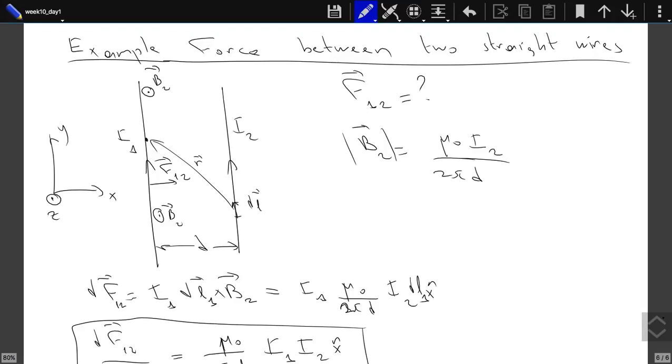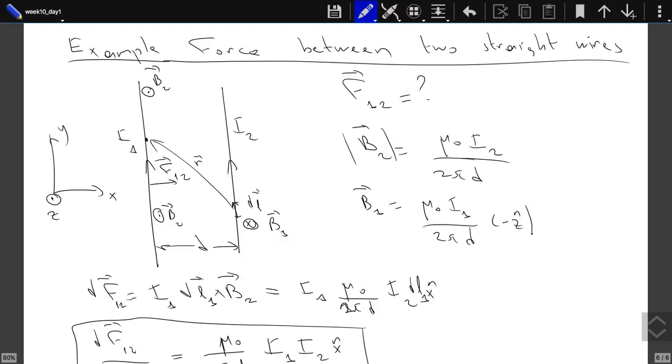Not the same. Not even the magnitude is the same. The currents need not be the same. So we can say this is B1, and B1 will be mu0 I1 over 2 pi d. It is in the minus z direction.